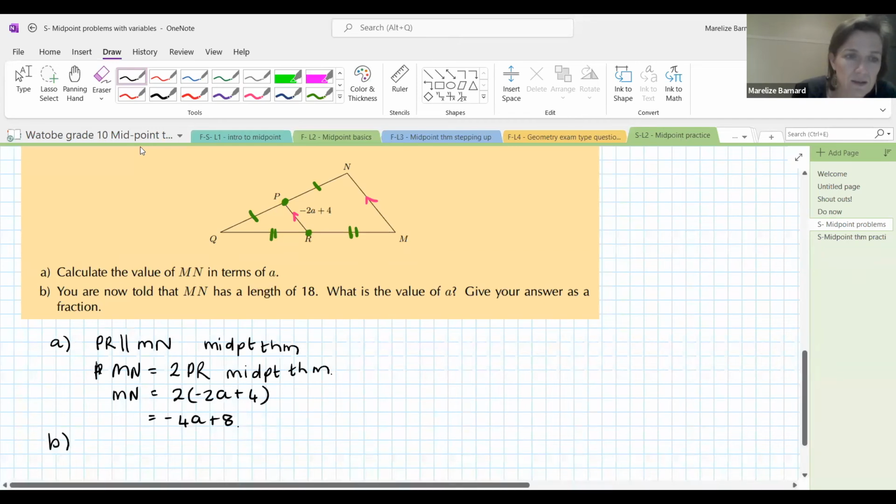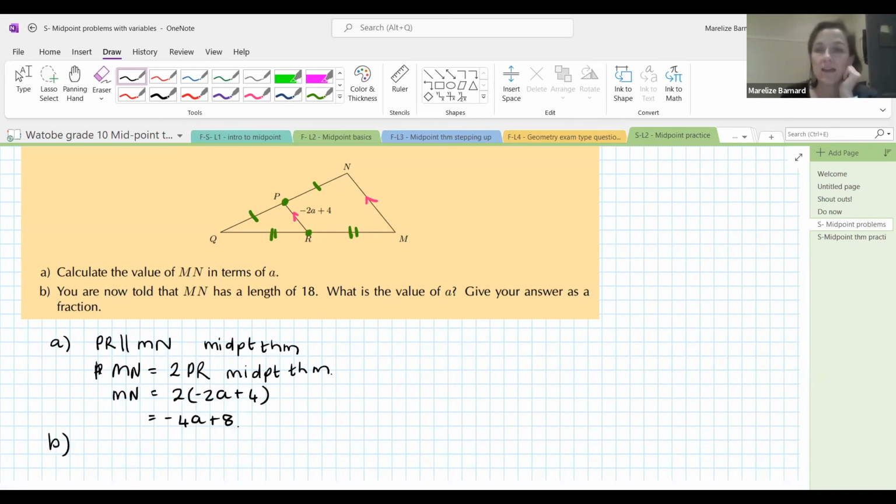Nice. Now you're told that MN has a length of 18. What is the value of a? Give your answer as a fraction. Okay, what is the equation we're going to make here? We are on to question B. If you know what the equation is that we're going to make, pop it in the chat.